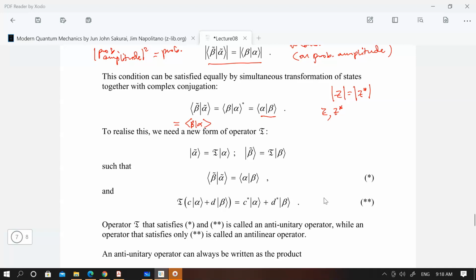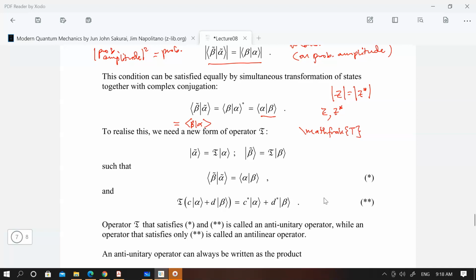We consider this operator now to be the kind that allows you to do time reversal transformations. This symbol, if you do LaTeX, is actually T in a different form.